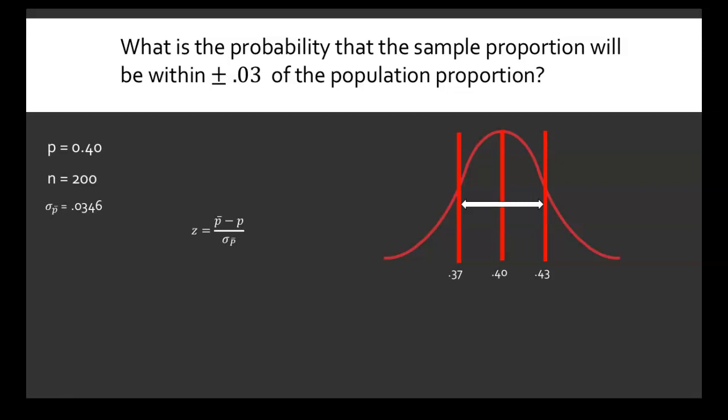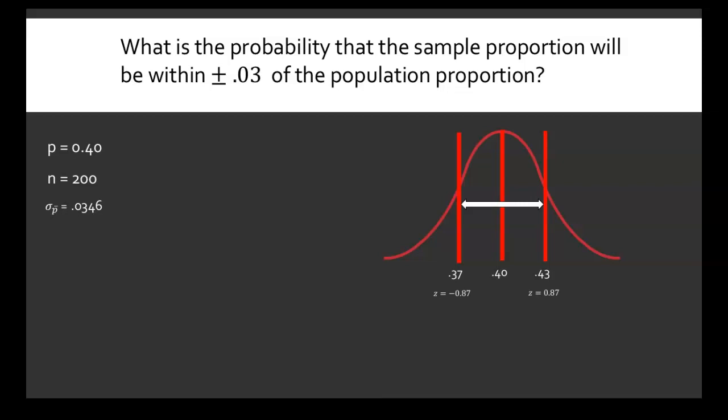Our z-score formula is p bar minus p over the standard error. Our p bars in this case will be the 0.37 and the 0.43. So if we plug those in, we get 0.37 minus 0.4 all over our standard error that we found on the last slide. And we do that as well for the 0.43. We find that our z-scores will be plus and minus 0.87.